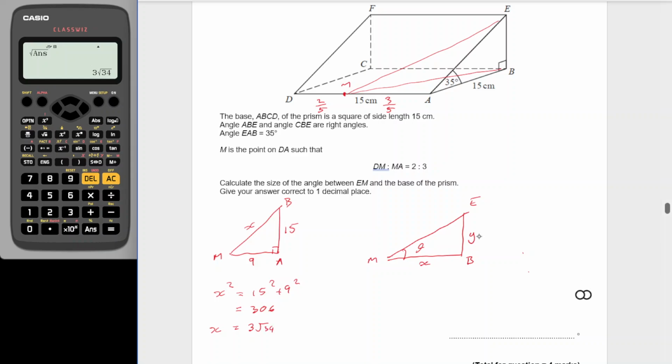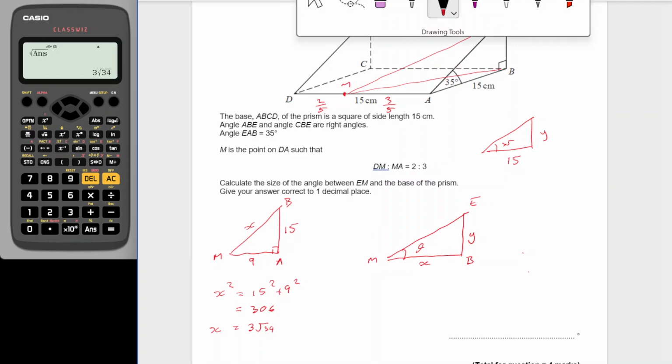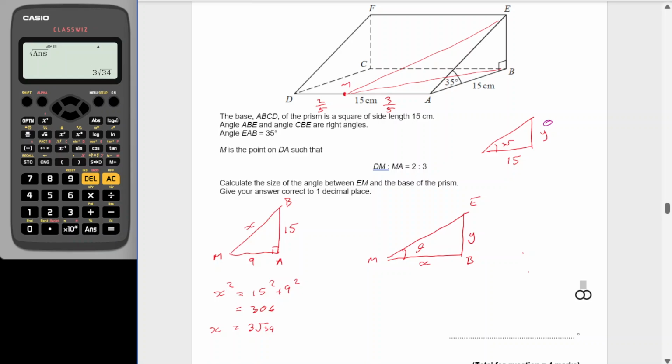Right, I now need to work out Y. And I can do Y from the fact that the angle is 35, so I can use basic trig to work this out, using a missing side. I'm going to change pen just because I tend to label the 2 sides that I'm working with.